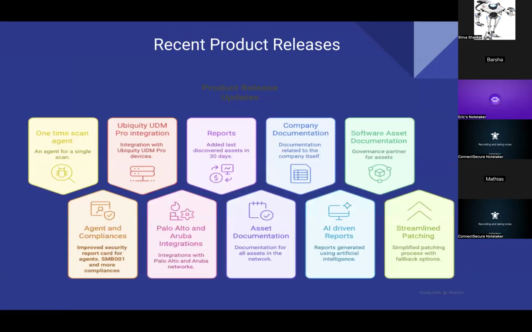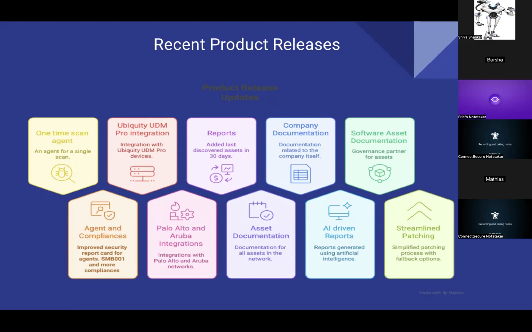Yeah, just a high level. I know a couple of you have joined today. If you are not aware of the product releases done over the last quarter, most of the features are partner requests, and we do it. One-time scan agent is something we have done. We have done integrations around Ubiquiti, Palo Alto, Aruba. We have added a lot of compliances, improved the security report card, and made a lot of additions to the existing reports.